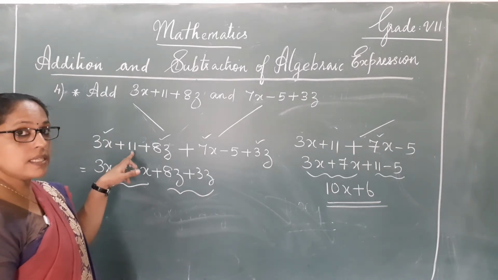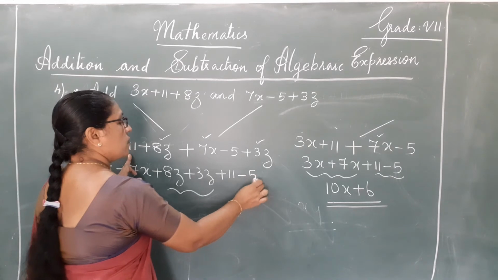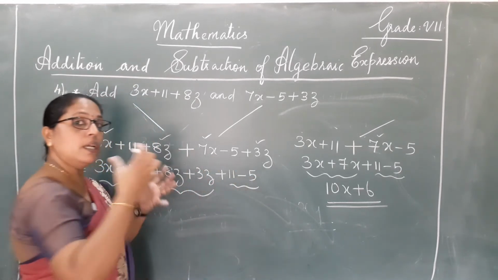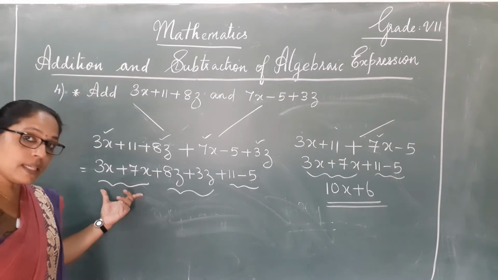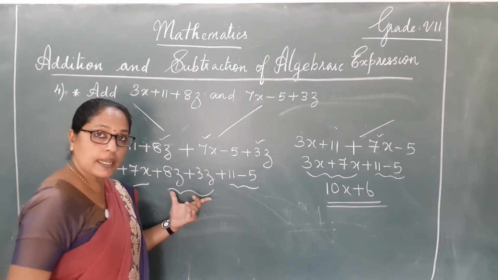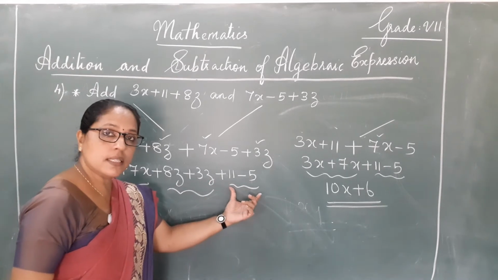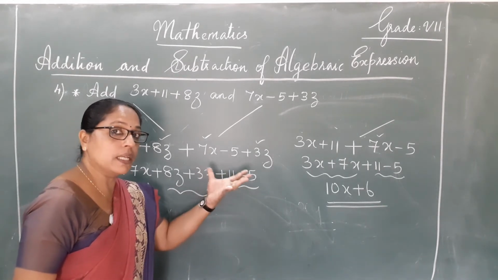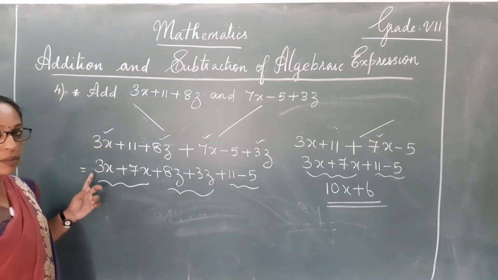Then remaining is numbers, positive 11 and negative 5. So 3 groups are formed. One group is a like term group with variable x. Second group is a like term group with variable z. And the third group is the numericals, the group of numbers. Right? So let's do it now.